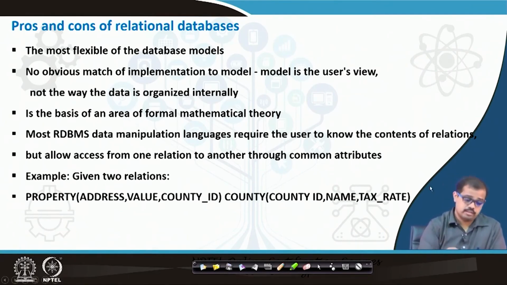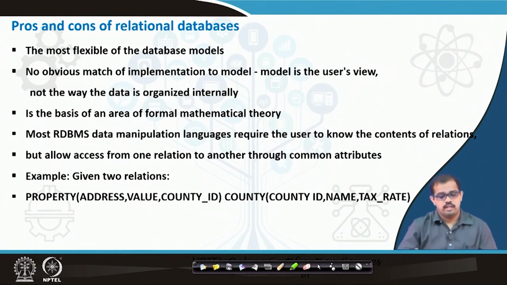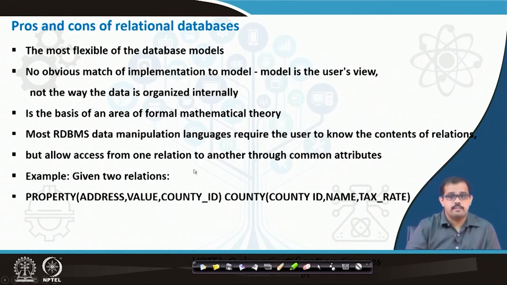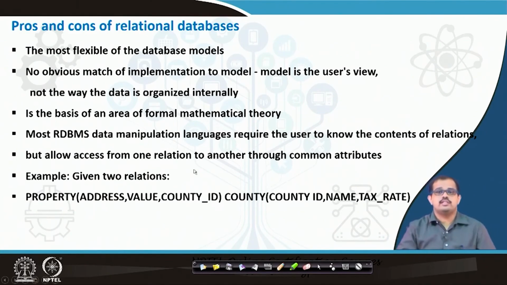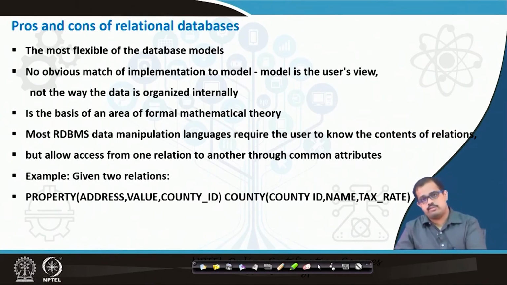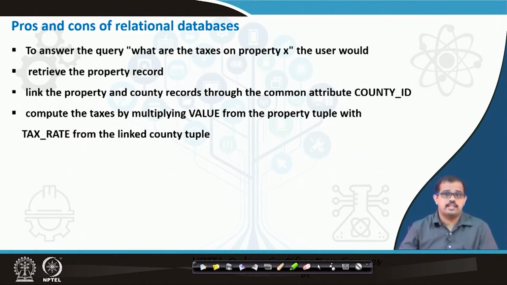But if a person wants the details of the country where the property is located along with the property details, then both tables can be related using the key that is common in both of them. In one place it's a primary key, in the other place it's a foreign key. Based on this, you join the tables and provide the output. That's how a relational database works.